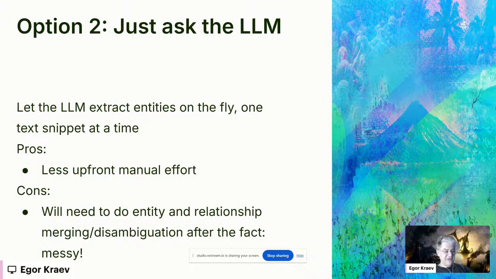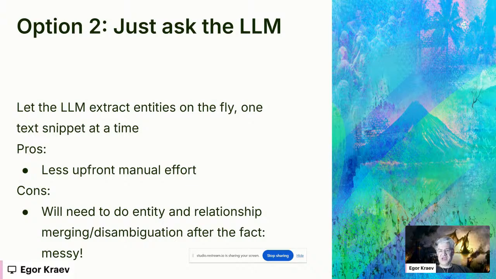Option two, for somebody who has been reading and participating in the AI hype, let's just ask the LLM. And LLM knows what an ontology is, or at least sort of kinda. Let the LLM just write one. And that sounds nice. So you just throw each piece of text at an LLM and say, what are the entities in there? What are the relationships in there? Return that to me as a list of triplets of strings. It'll do so.